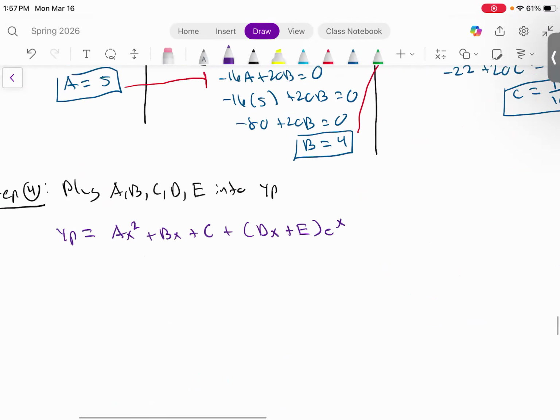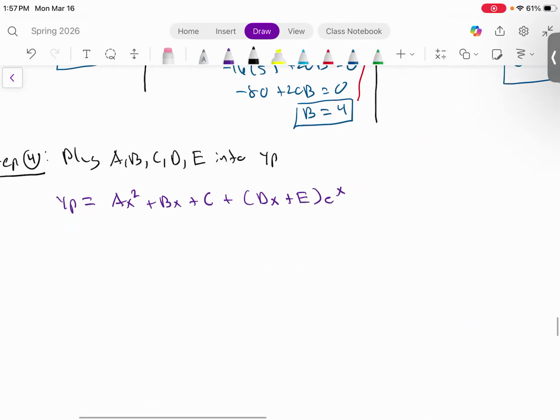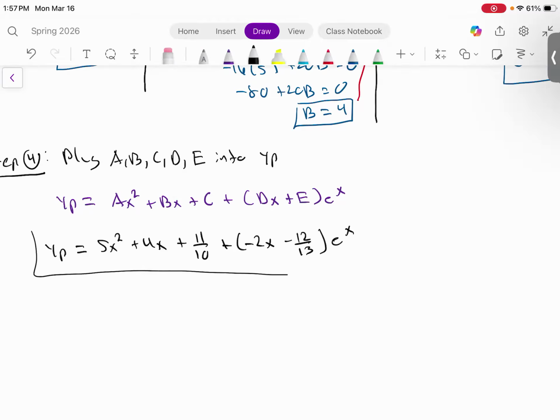And I'm going to plug in my a, b, c, d, and e now. And so my particular solution would be 5x squared plus 4x plus 11 over 10 plus negative 2x minus 12 over 13 times e to the x.